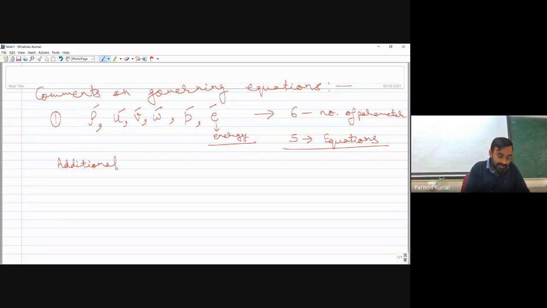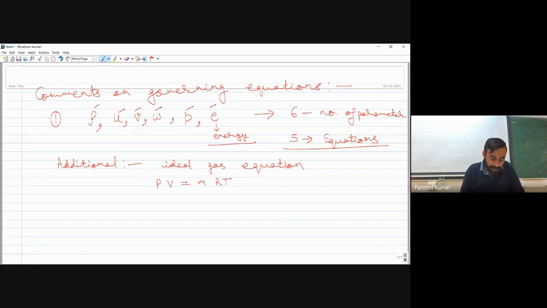One additional equation we can consider is the ideal gas equation. If the fluid or phenomenon we are studying is in a situation where ideal gas assumptions are valid, then in addition to our existing governing equations we can add one more equation, the ideal gas equation, PV equal to mRT.